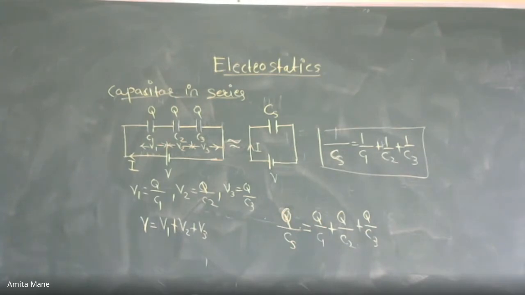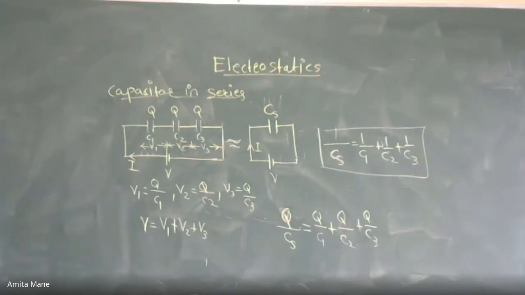Is it opposite to the resistance combination, right? Whenever resistances are connected in series, the equivalent is direct, R1 plus R2 plus R3. But in case of capacitance, it is opposite.